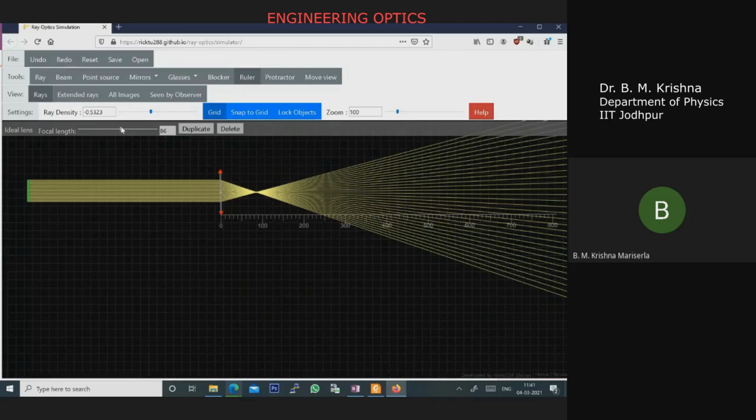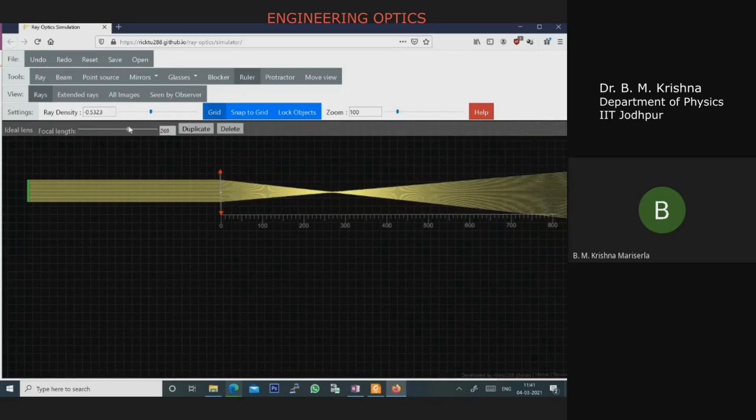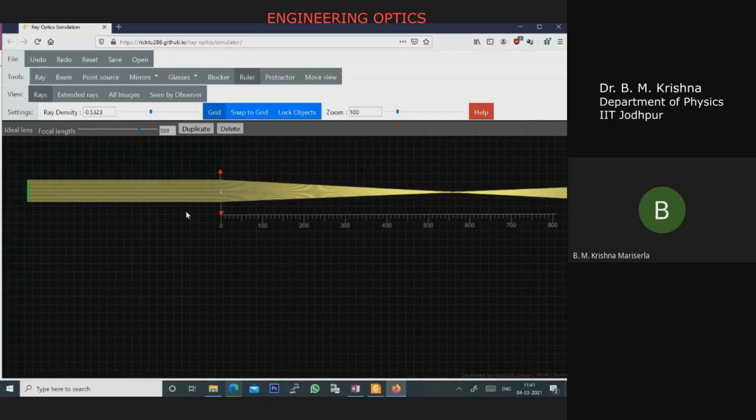However you change the focal length, if it is longer, the distance from your lens position to your focal position is around 559 units, maybe in centimeters or millimeters, depending upon the dimensions of this background.